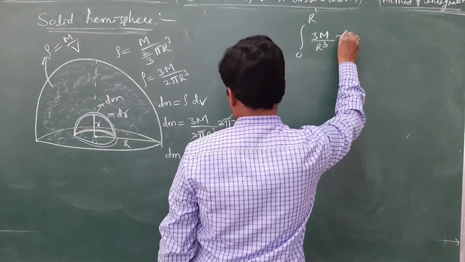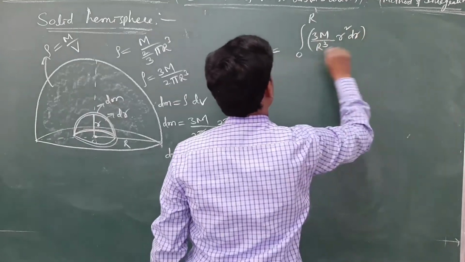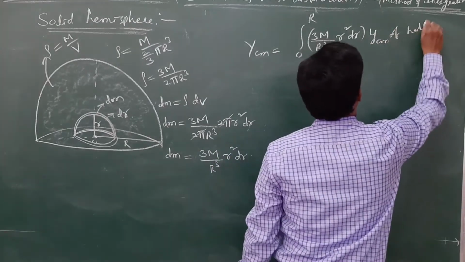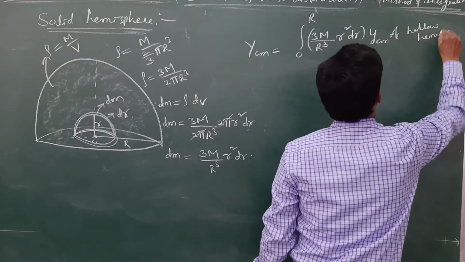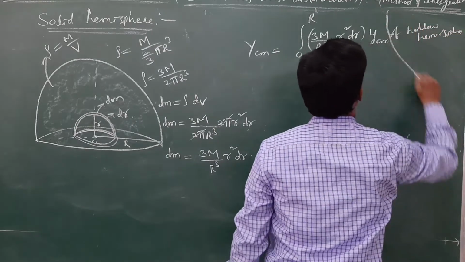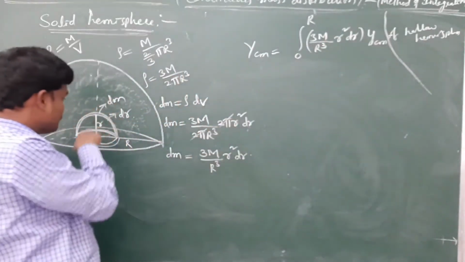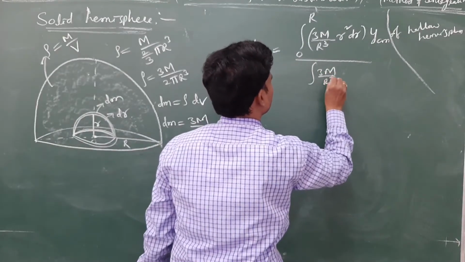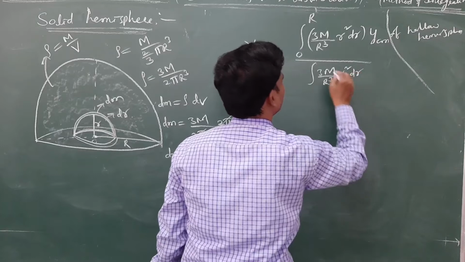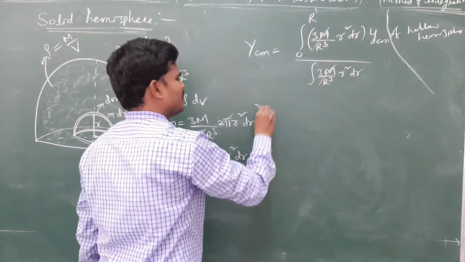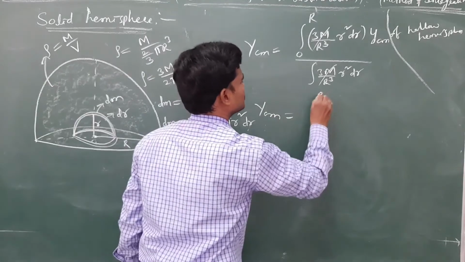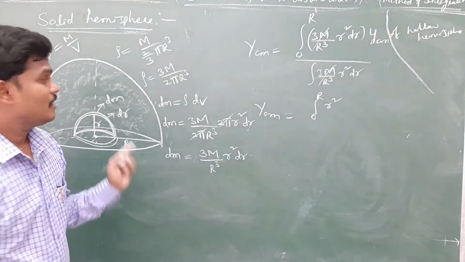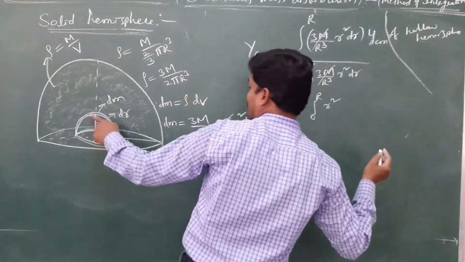And this is the y coordinate, meaning the center of mass of the hollow hemisphere, divided by dm. dm is 3m by r cube r square dr. 3m by r cube cancelled, and for ycm, let me do some simple calculations here. The ycm, the center of mass of a hollow hemisphere, is r by 2, and here r is the small r, the radius.